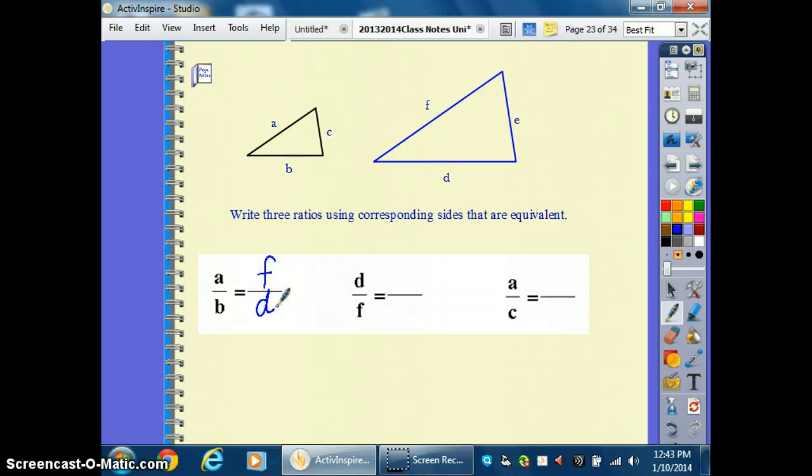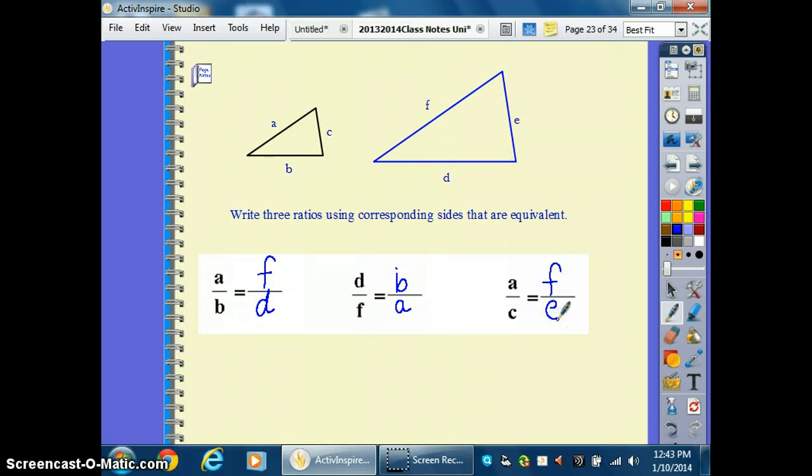And then if I say D to F, then when I say B to A. And if I compared this alongside A to C, over here it would be F is to E.